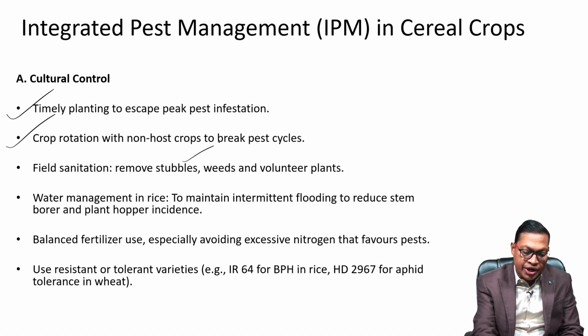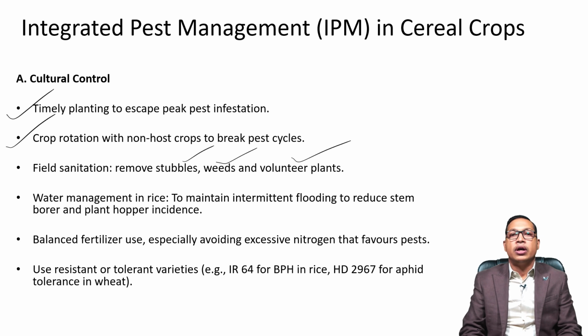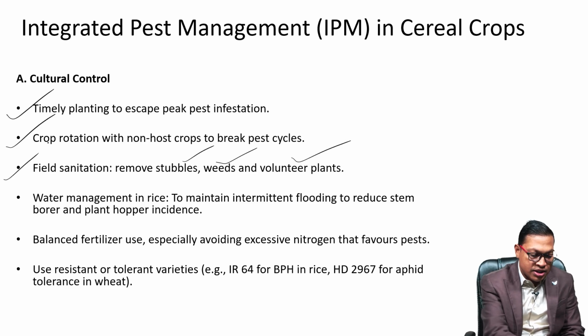In field sanitation we remove all the stubbles after the harvesting of the crops, because they provide shelter and enhance the population of insect pests, along with the weeds and the volunteer plants, the plants which come up after the harvesting of the crop. So, we have to keep our main field free of all types of stubbles, weeds and volunteer plants. This is the field sanitation.